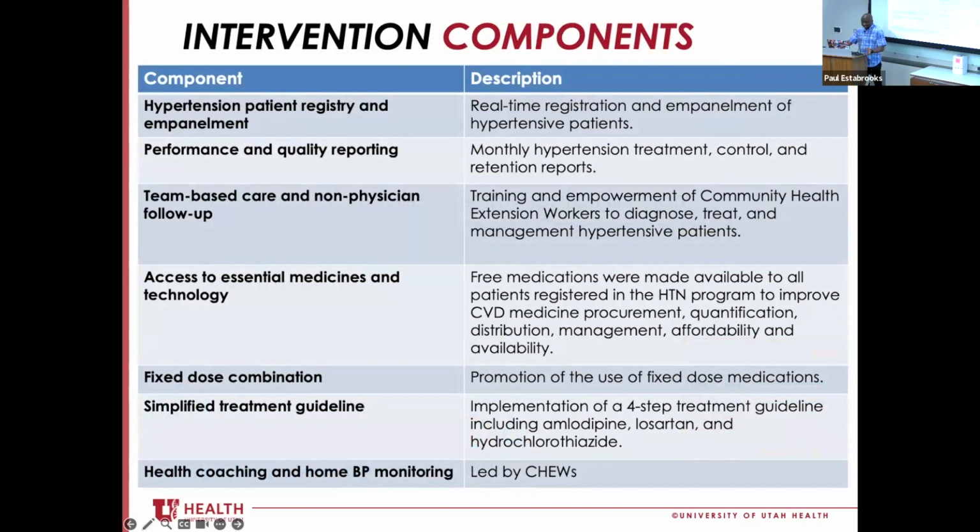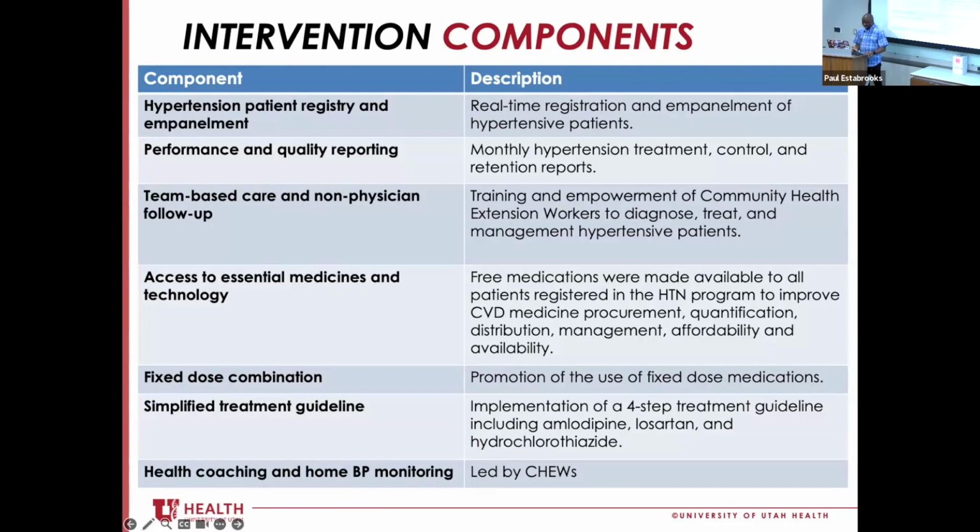The first one is hypertension patient registry and empanelment, which is providing real-time registration for patients and empanelment of hypertensive patients. So this is what we did for the first few months when we started the study. And the second one is performance and quality reporting, which was a monthly hypertension treatment, control, and retention report.